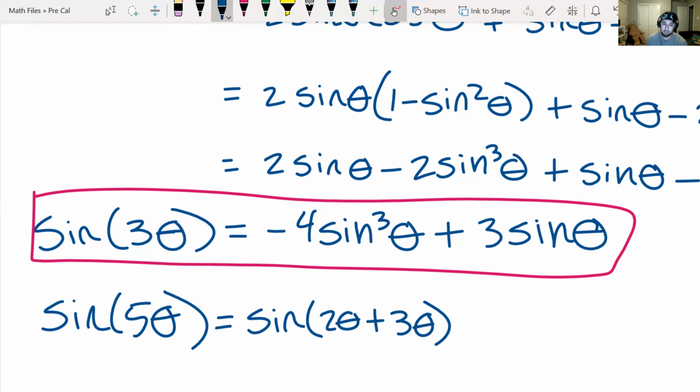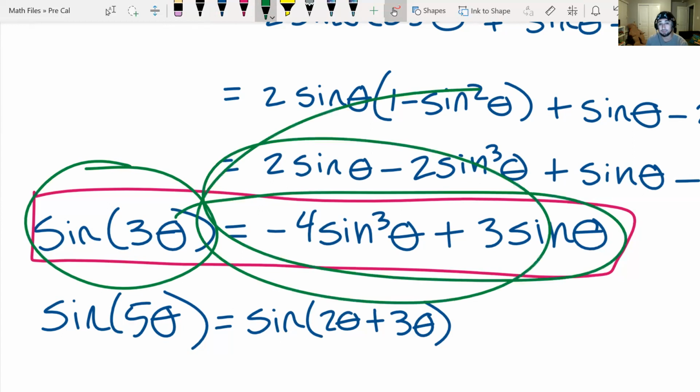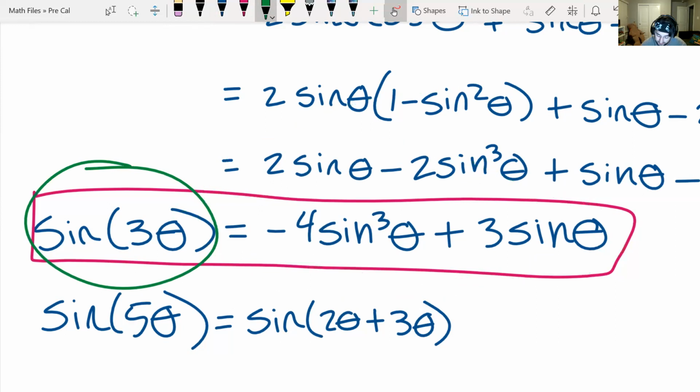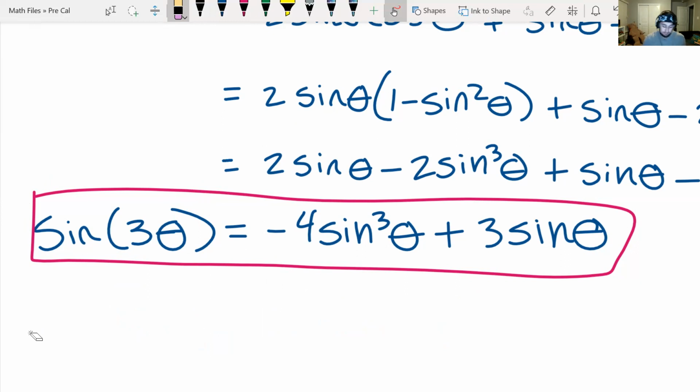That's why I say save this, because when you expand this by the sum formula, you're going to end up getting a sine 3 theta, which can make your work a lot easier, because now you know sine 3 theta is all of that. Okay? So that should help you out.